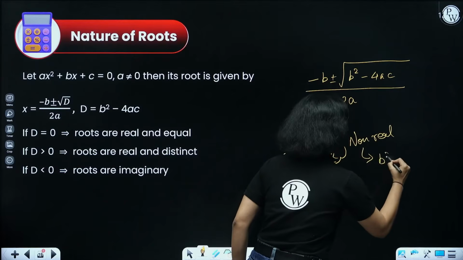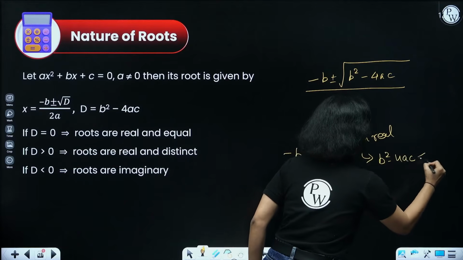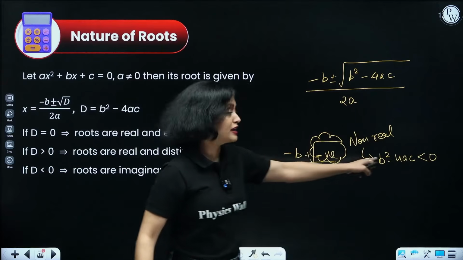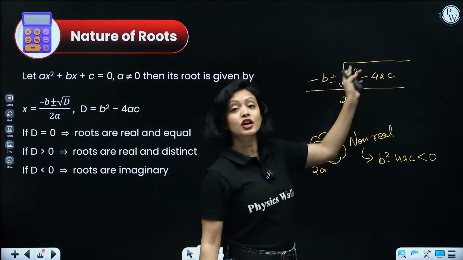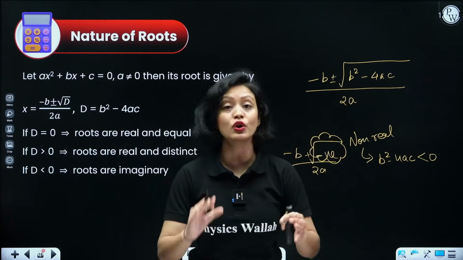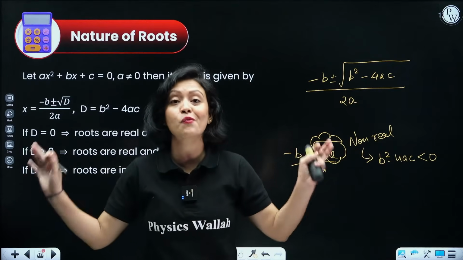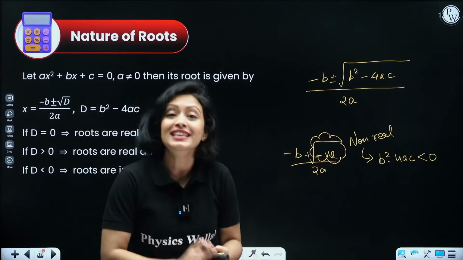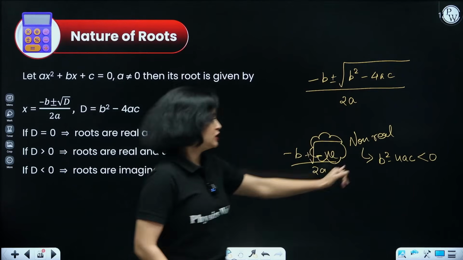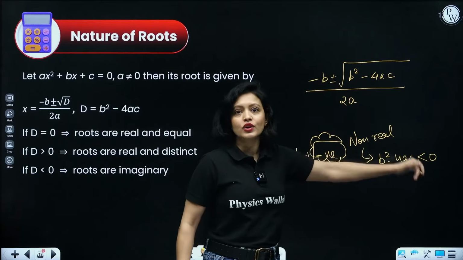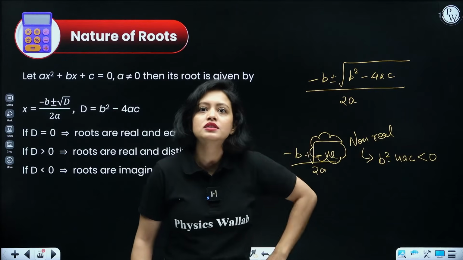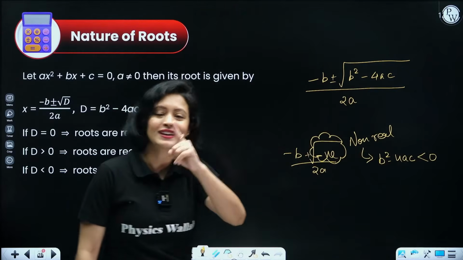When b square minus 4ac is negative. Under root of something negative is not real. It does not exist in the world of real numbers. So, it means that if b square minus 4ac is less than 0, then I'll not get any real roots. Right or not?